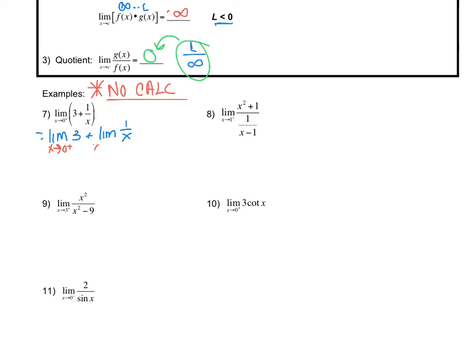Okay. So the first piece, the limit of 3 as x approaches anything is always going to be 3. Then I can just find the limit of 1 over x as x approaches 0 from the right, and I'll add that to 3.